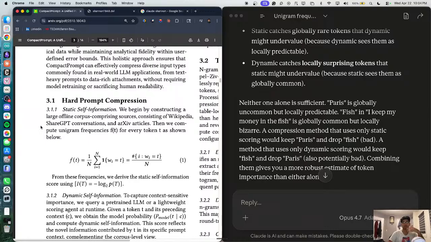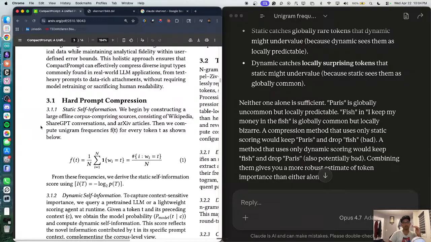Remember, context is just the tokens preceding it. And again, the concept of surprise within information theory is just how rare this token is, and the more rare it is, the more likely it is to be kept within the prompt and not be pruned out of it. So that's awesome.